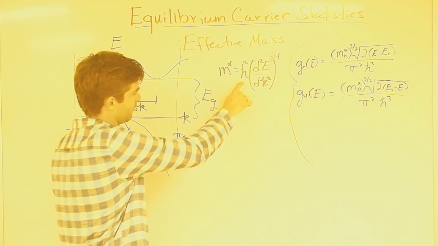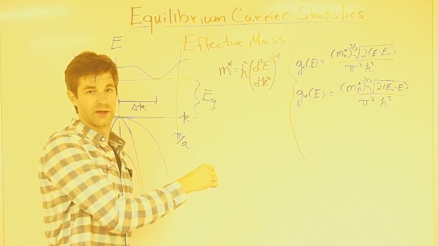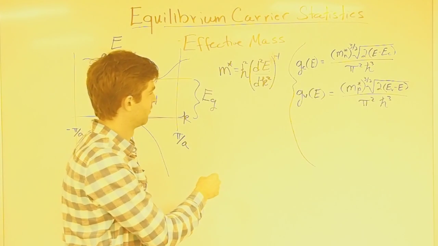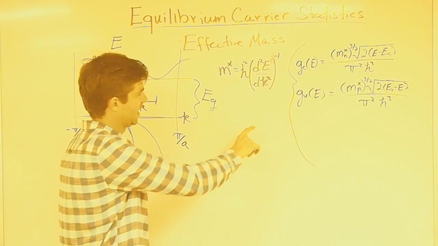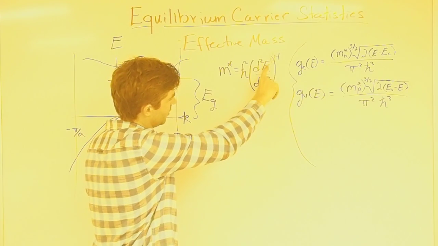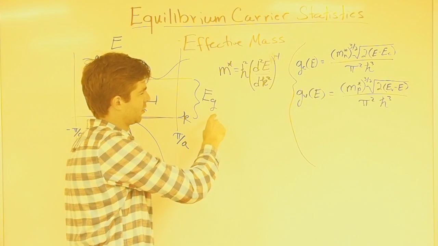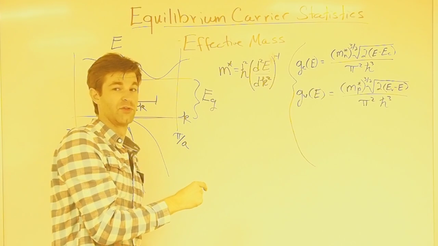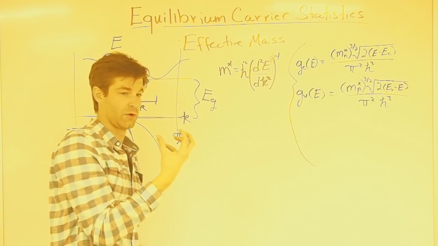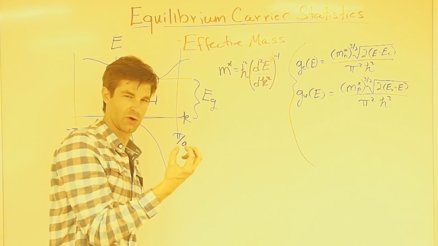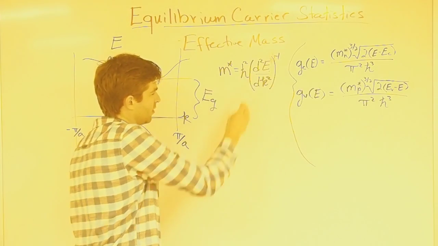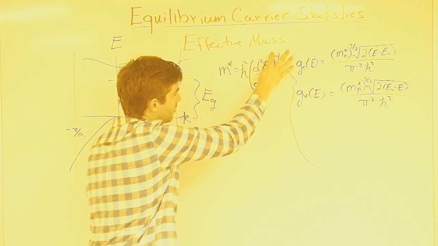You notice here we have h bar, that's your Planck's constant. It doesn't have a big effect on how this would change. But we have this right here, d squared E over dk squared, which is the curvature of the curve. That's how sharp the curve is. It has to do with how large this number is, but it's the inverse of this.